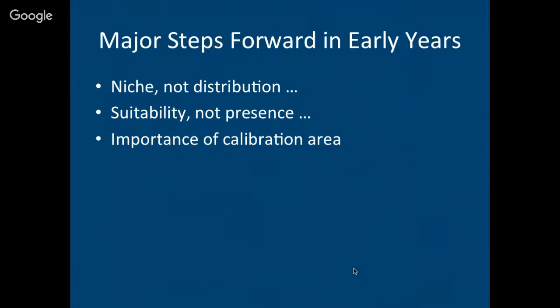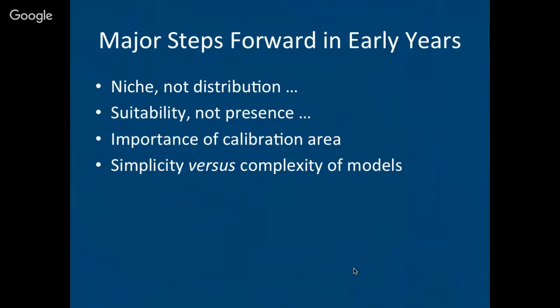There was the beginnings of the realization of the importance of across what area we calibrate these models. And certainly by the end of the beginning, essentially with the Elith et al. paper, there was the point of the importance of simple models versus complex models to estimate these niches.